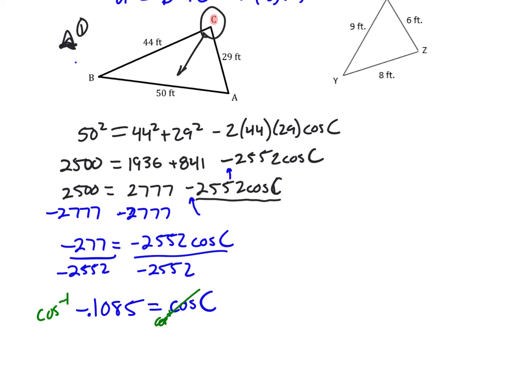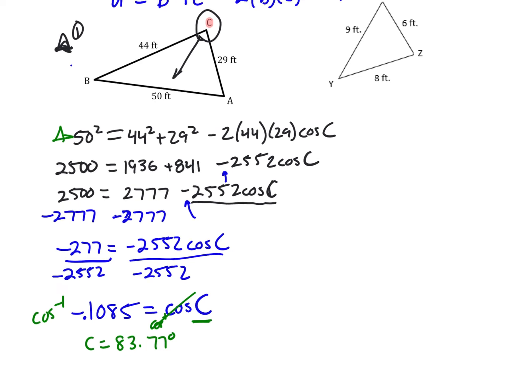So if I take cosine inverse of that answer, I get C is 83.77 degrees. So I've got a little bit different setup than I'm used to, but I'm still just going to work my way around and solve until I get C by itself.